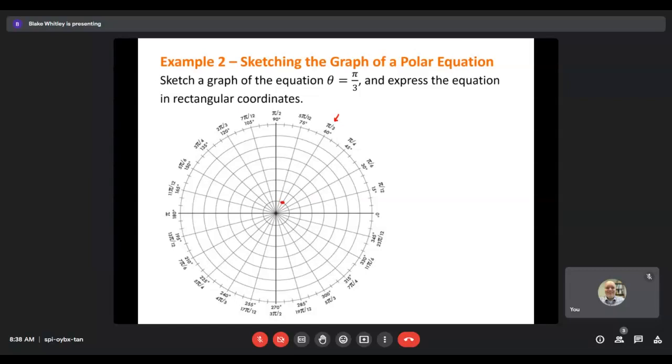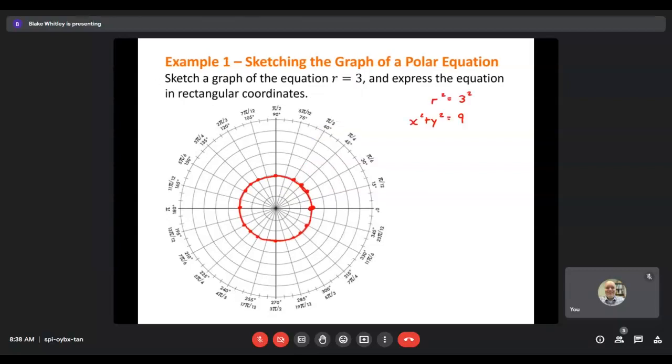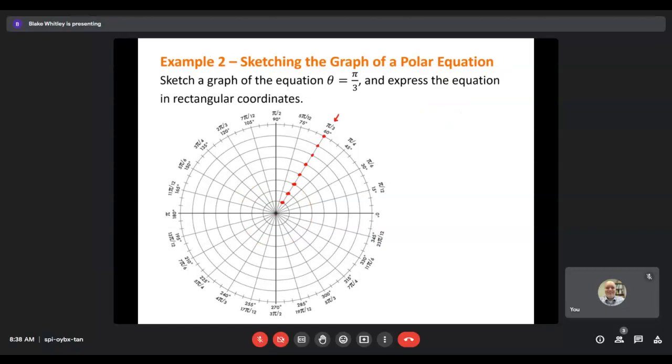So we have a point here, here, here, right? Because that radius could be anything. So we're going to get something like this. Now, what we also have to remember is if we have negative r values, those negative r values get reflected over the pole. So technically, if I have negative r values, they're going to get reflected down here now.